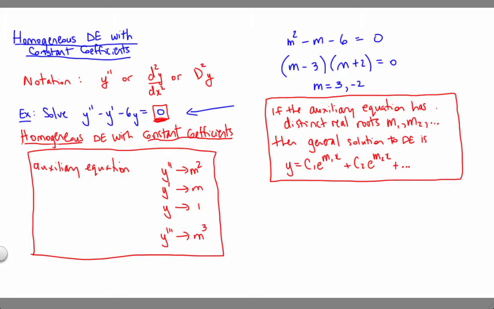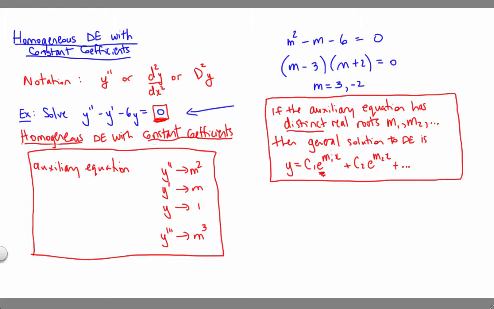If the auxiliary equation has distinct real roots, meaning real roots that are not repeated, we don't have any repeats when we list our roots, and let's call those roots m1, m2, etc., just so we can refer to them, then here's what the general solution to the DE will look like. We're going to have some exponential functions.